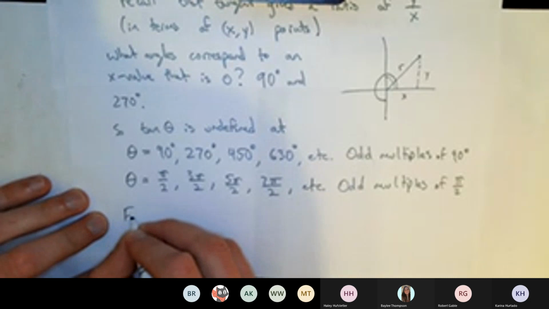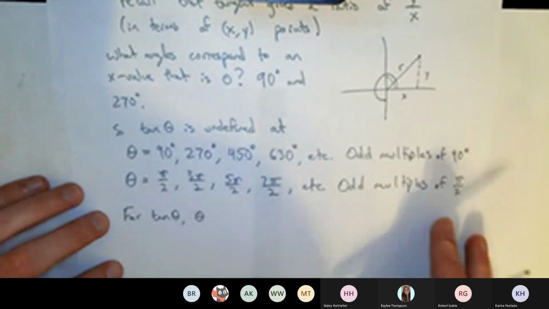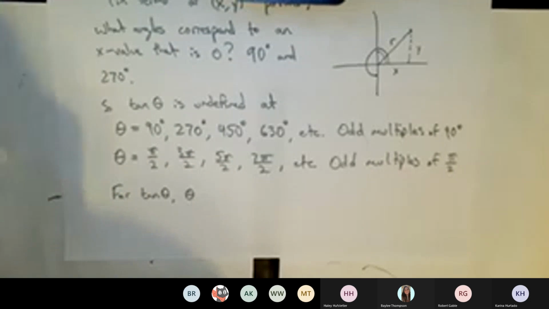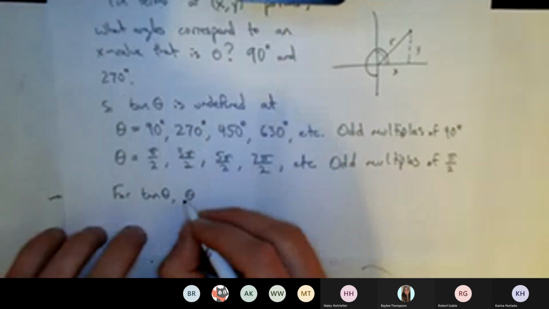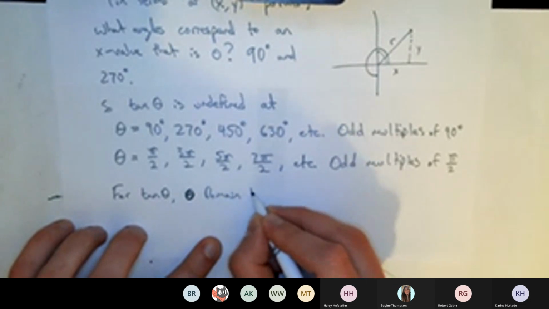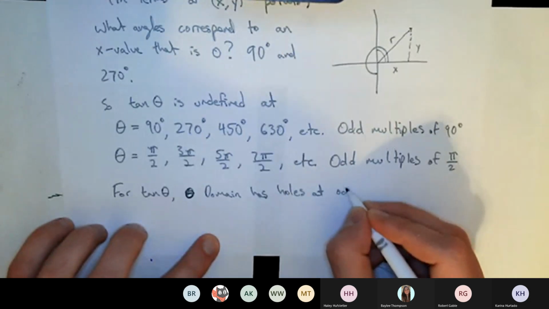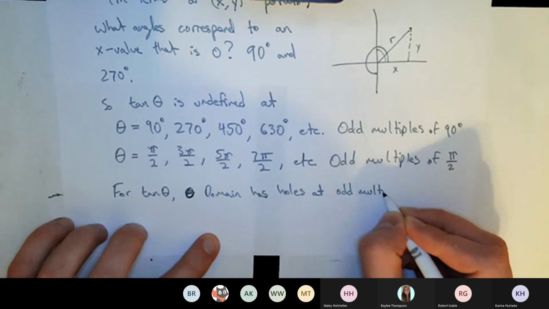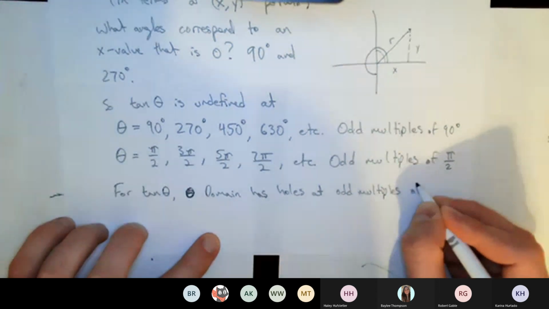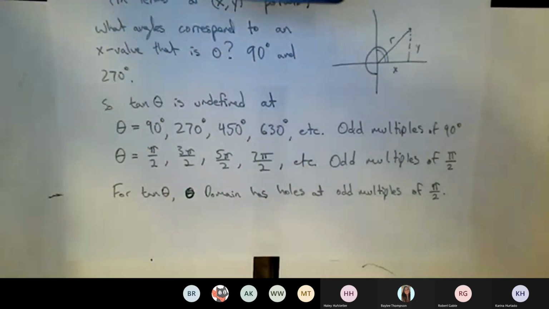So for tangent of theta, the domain has holes at odd multiples of pi on 2.